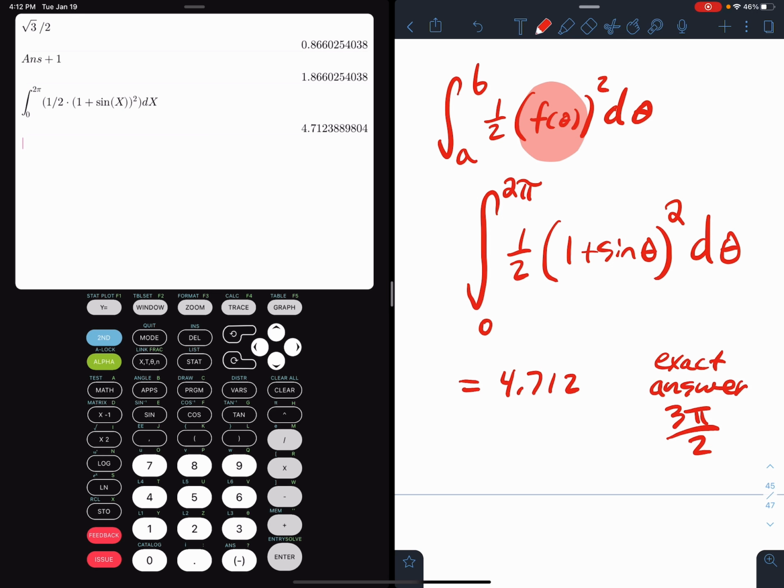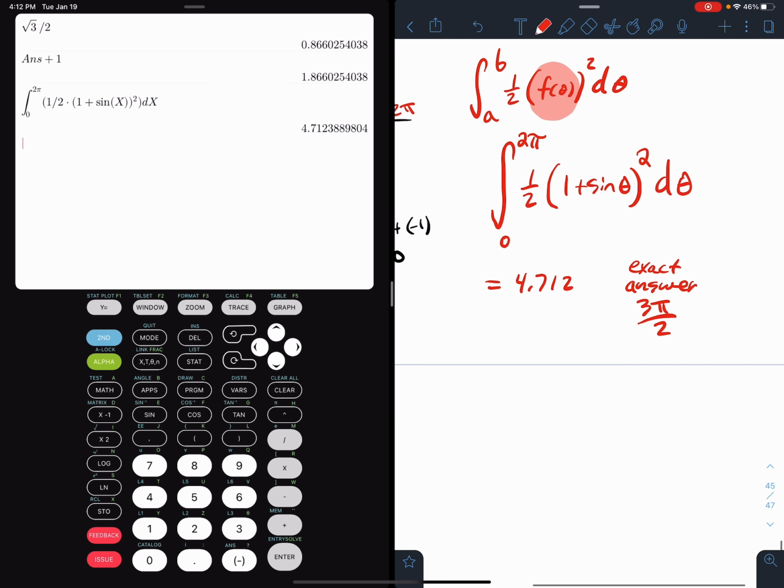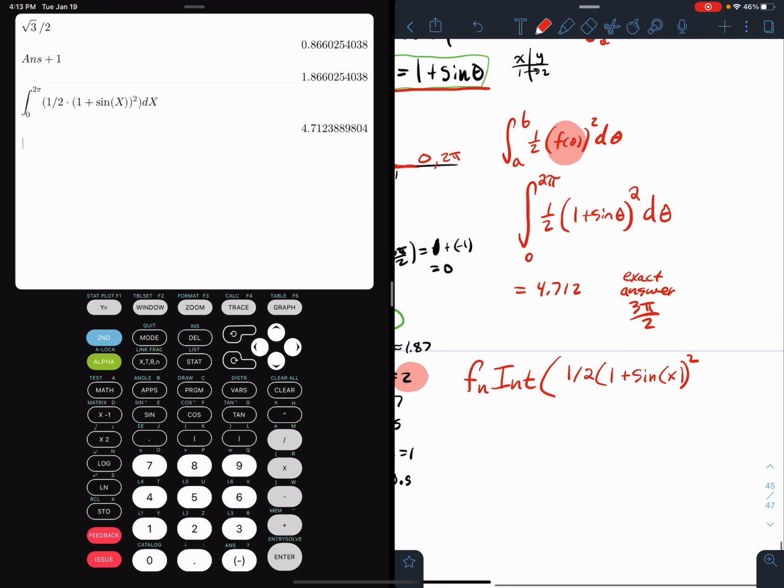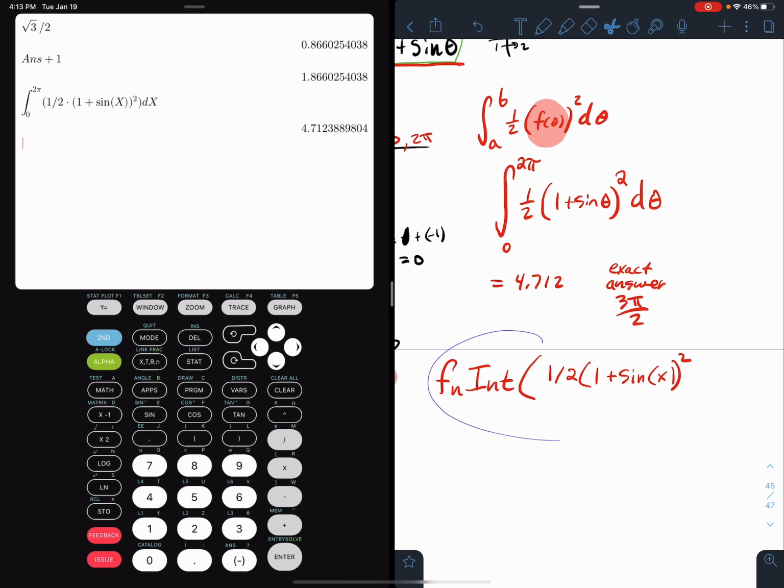Okay? If you were going to do this in your calculator and you didn't have the software like you see on the left here, it would be math, function integrate, so fn integrate, and then you put 1 divided by 2, parentheses 1 plus sine x, close parentheses, square it, and then you would do the comma.